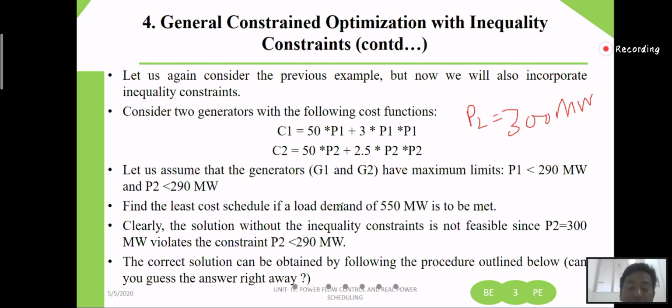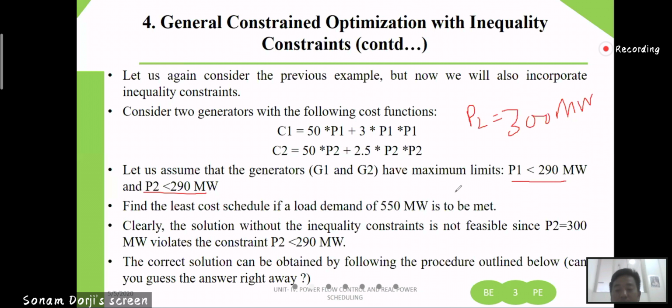So in this condition they have made a restriction. Generator 1 capability is 290 megawatt, generator 2 also 290 megawatt, but when we consider the equality constraint, P2 has to generate 300 megawatt to fulfill the 550 megawatt load. So it violates the constraint.